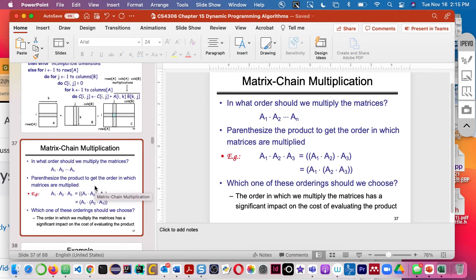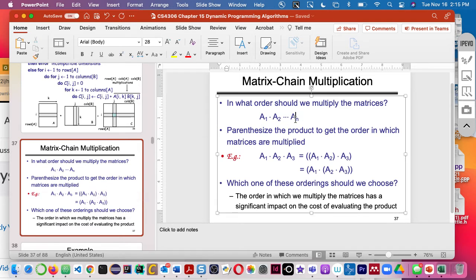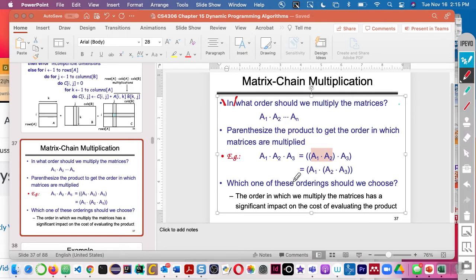Okay, the rules are that, for instance, A1, A2 and A3 are matrices. A1 can be multiplied with A2 if the dimensions match.